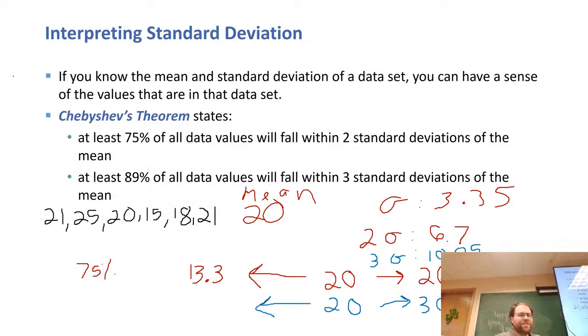And then if we subtract it, 9.95. So then he's saying at least 89% of values will fall between the 9.95 and the 30.05. Any questions on what that means here or what it can tell you?